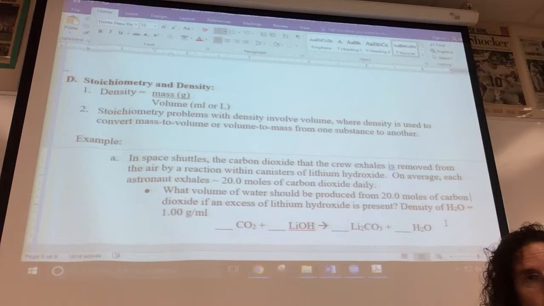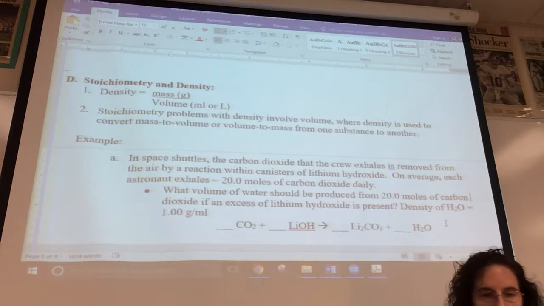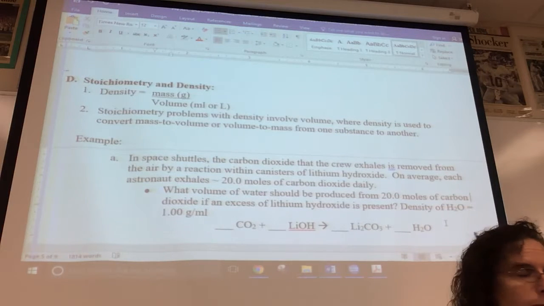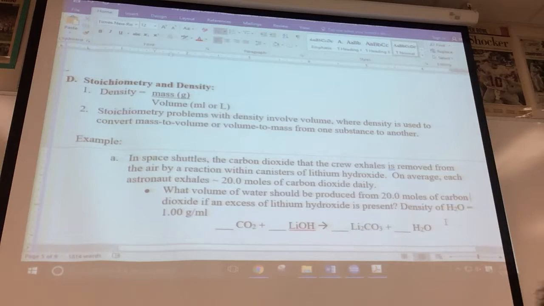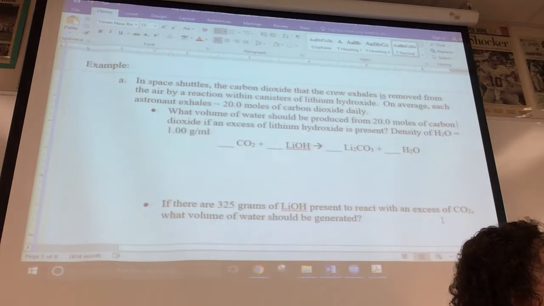In these types of problems, the density will be given, and that will allow you to convert either from mass to volume or vice versa. The first problem's a little simpler than the other 2 because it's 1 less step. But this requires that you understand the previous conversions that we have discussed.